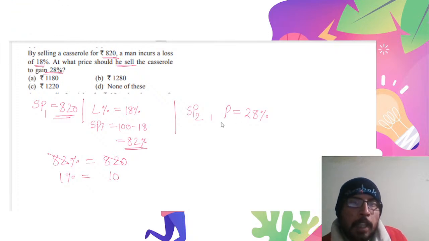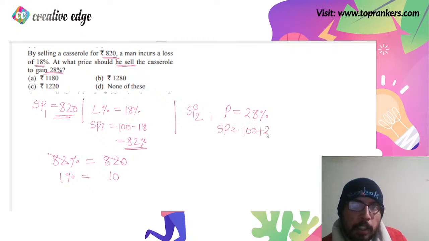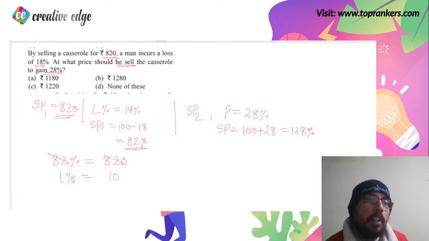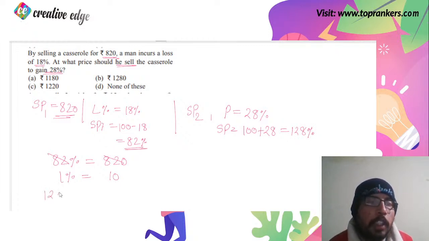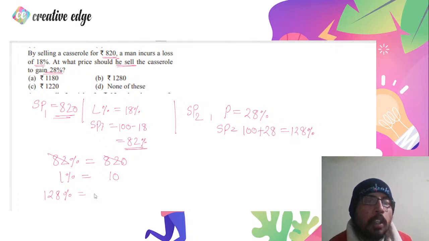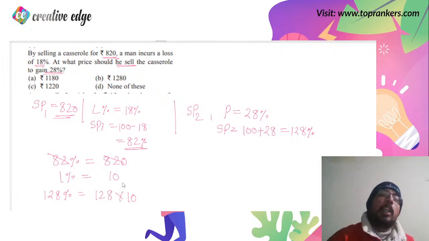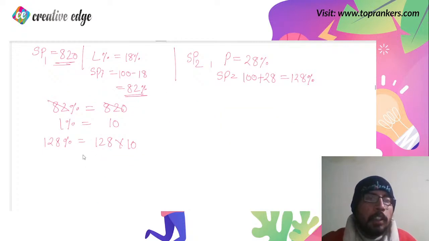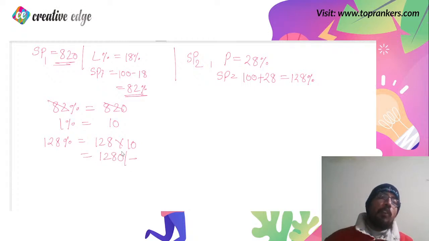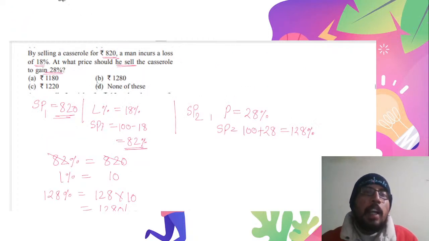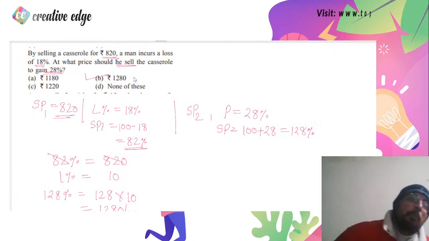So I should be saying that my selling price should be 100 plus 28, that is 128%. So I have got 1% equal to 10. So in order to find 128%, it should be 128 into 10. I multiplied 128 both the sides. So my answer should be 1280. This is how we find the second selling price, and the correct option should be B.